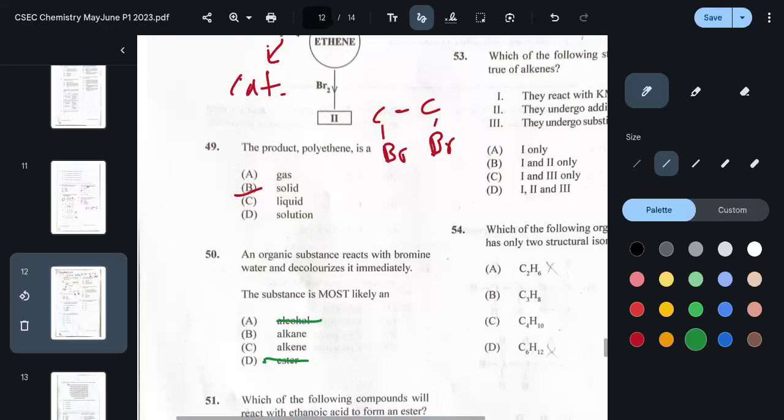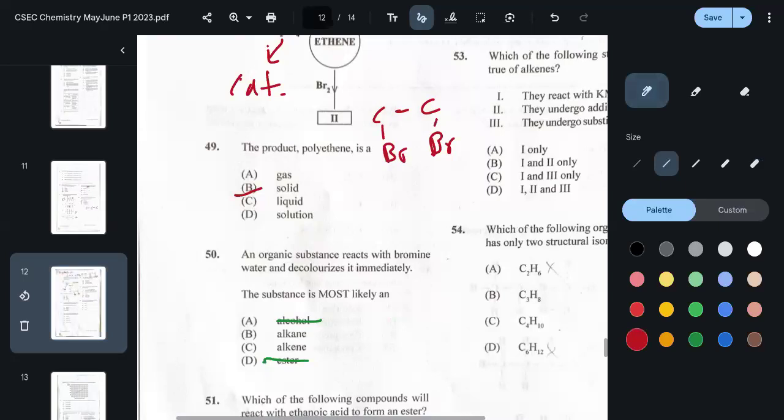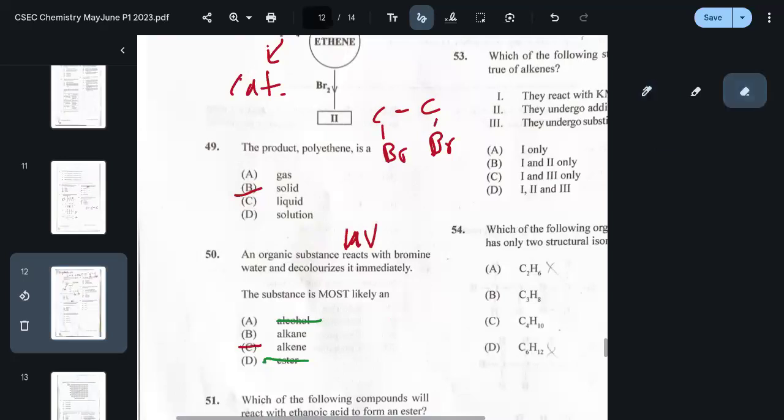Alkanes react with bromine in the presence of sunlight, or you can say UV light. So the answer is C, alkene. Alkanes will only react with bromine in the presence of UV light, or you can put sunlight, as that is a source of UV light.